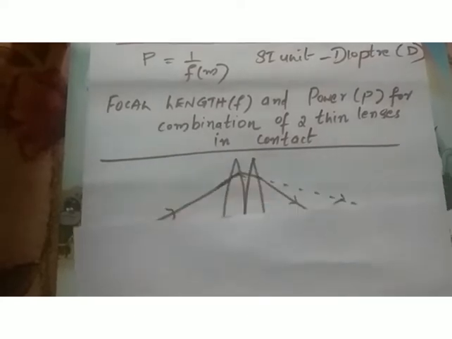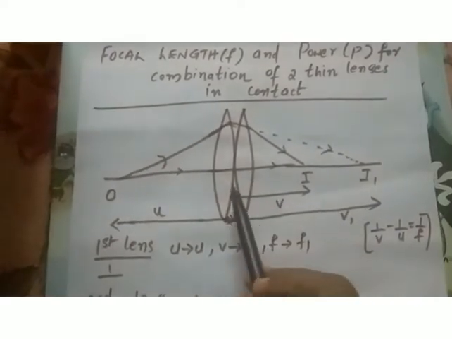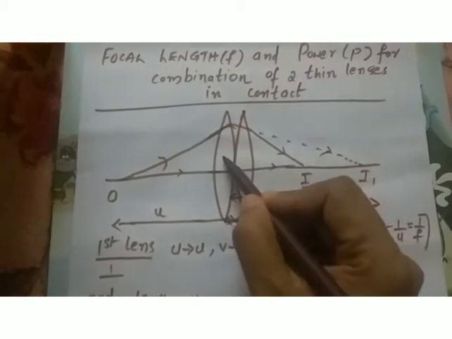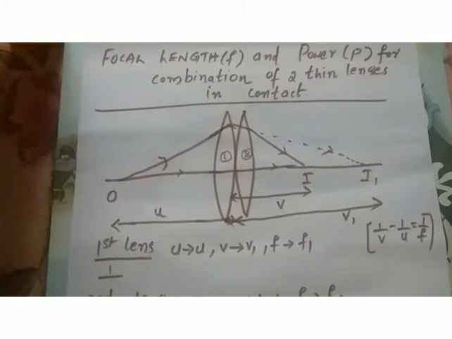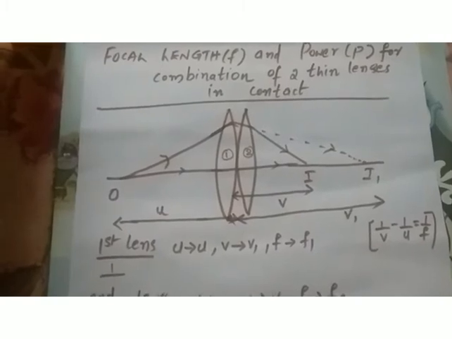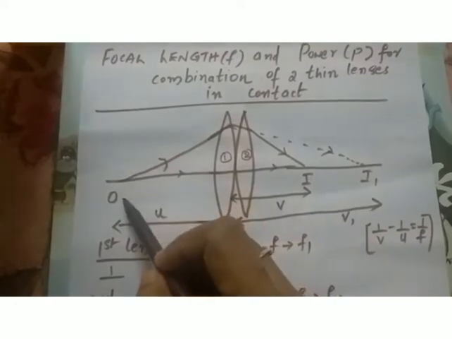For that, we need to consider two thin lenses as shown here. This is the first lens and this is our second lens. Both the lenses are thin, so two thin lenses in contact. Here O is the object.